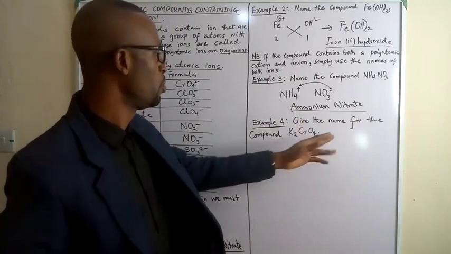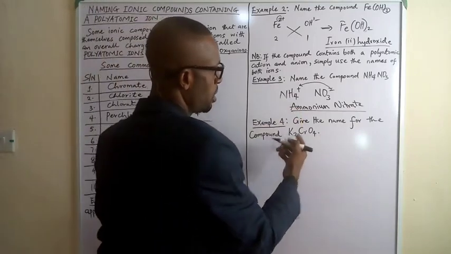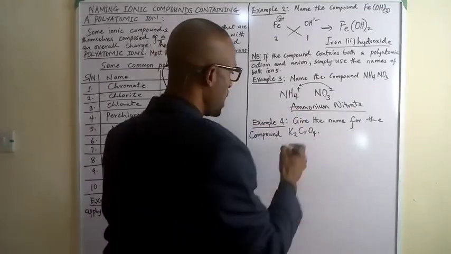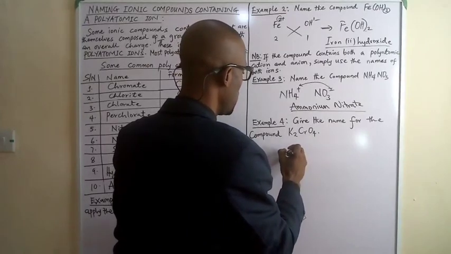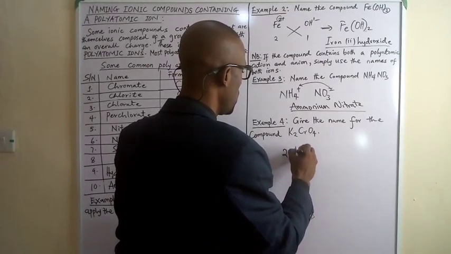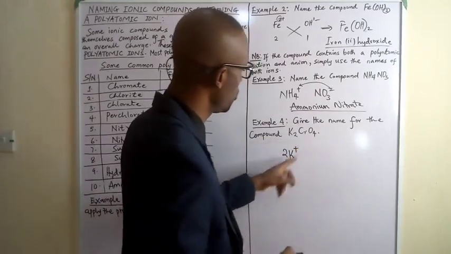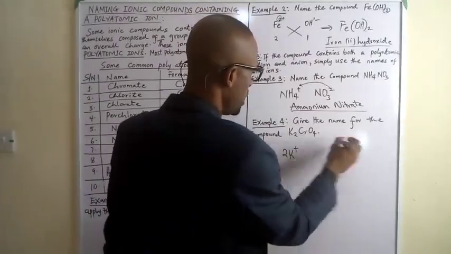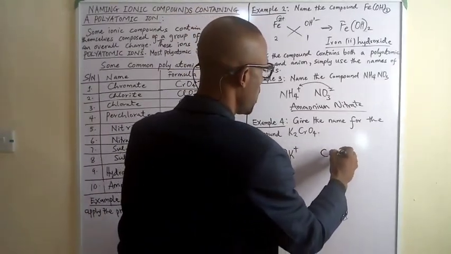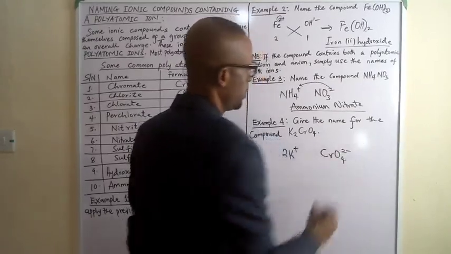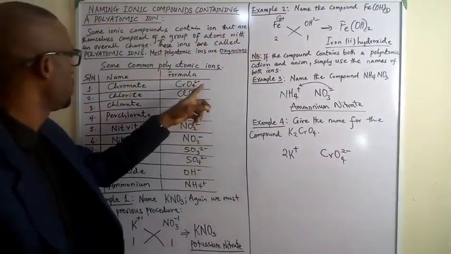That's also what we do if we must name K2CrO4. If you pay attention to this, you discover that what we have here is 2K plus, 2 moles of potassium ion. And if we break this, you have CrO4 2 minus. If you pay attention, this is a chromate ion.